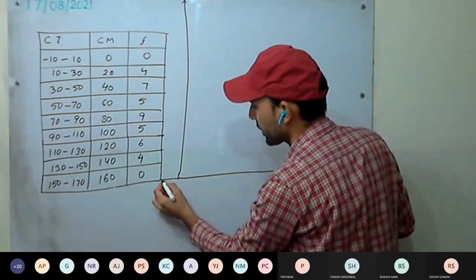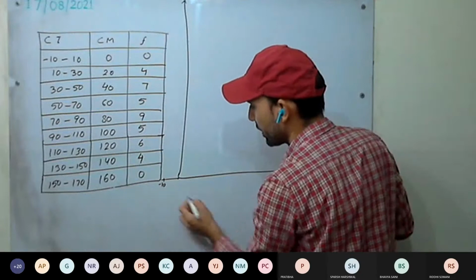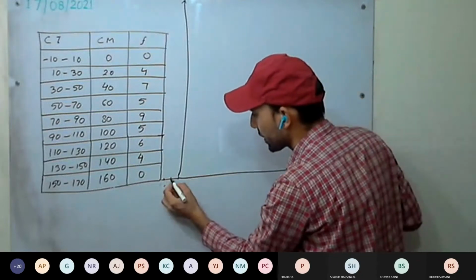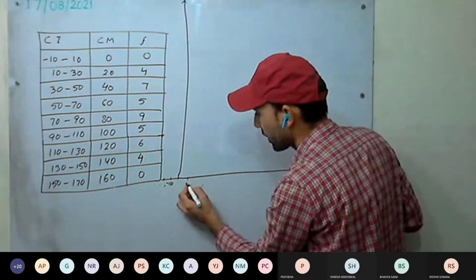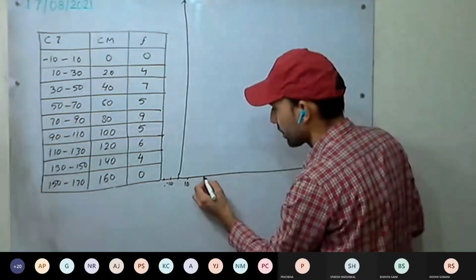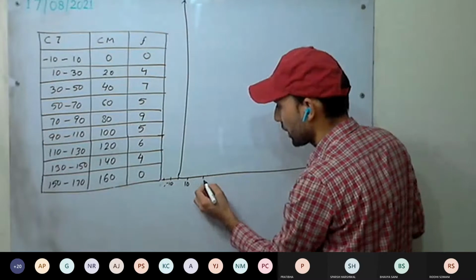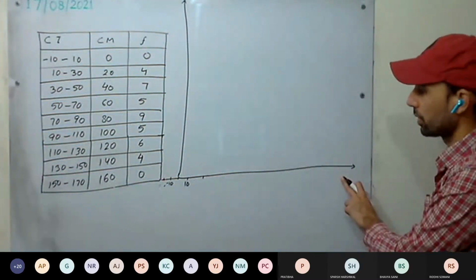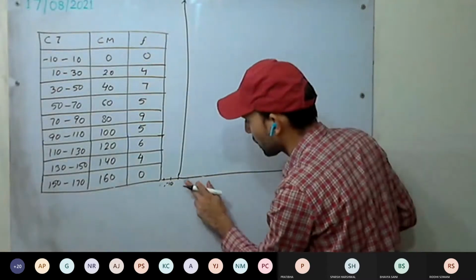So here, minus 10 will be somewhere here. Yes, 0. Minus 10 here and 10 here. 20. So it won't come, I think. A little bit smaller.